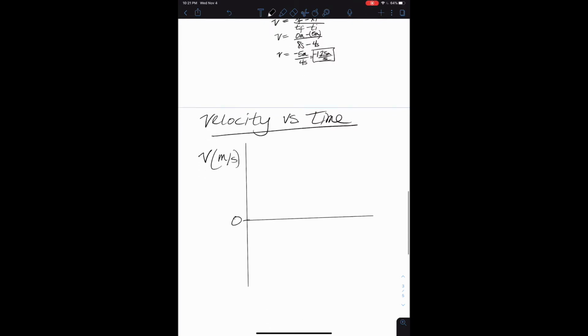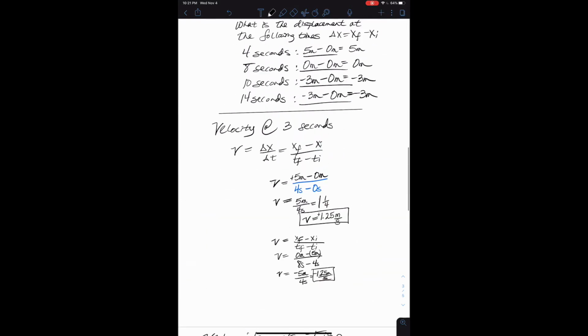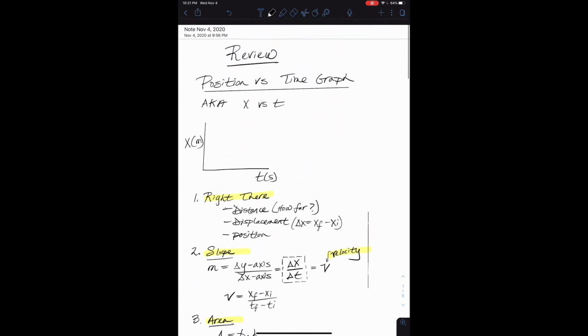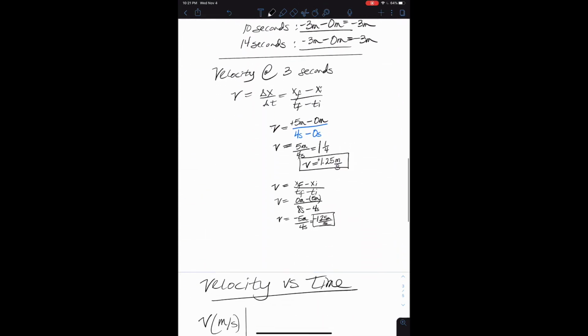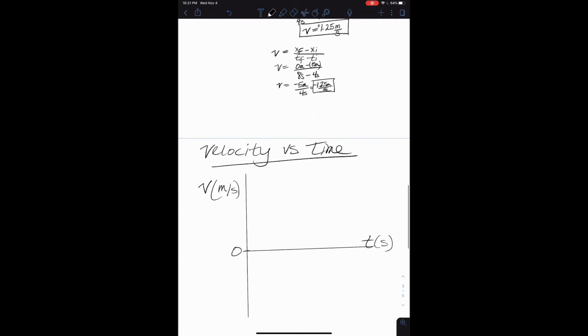Then on the x-axis, you have time in seconds. Okay, so far so good. Let's look and see what else. This is also known as V versus T, the same thing as a V versus T graph.